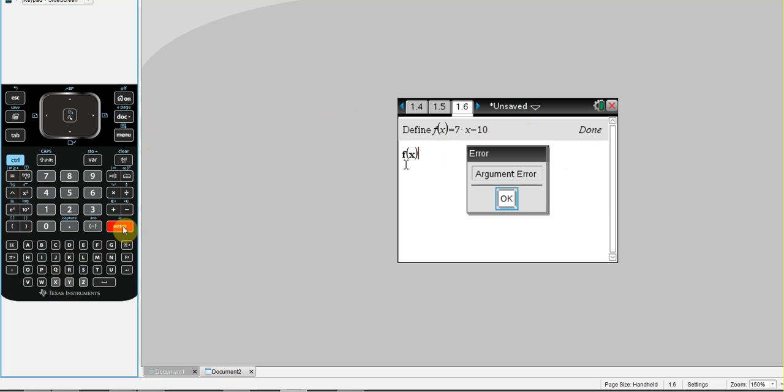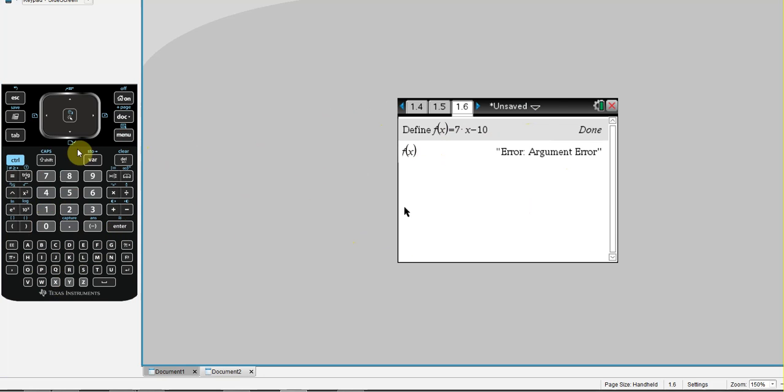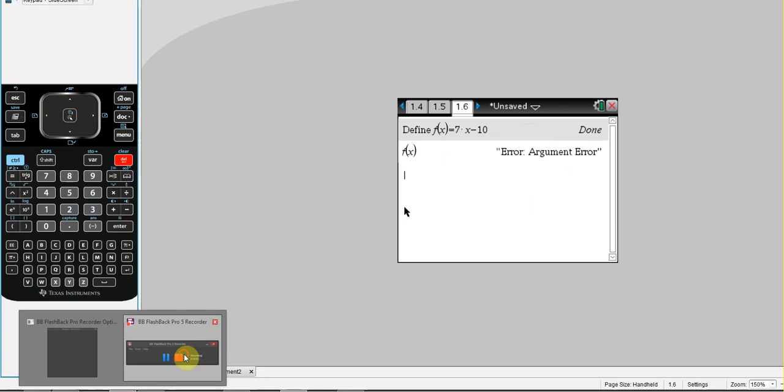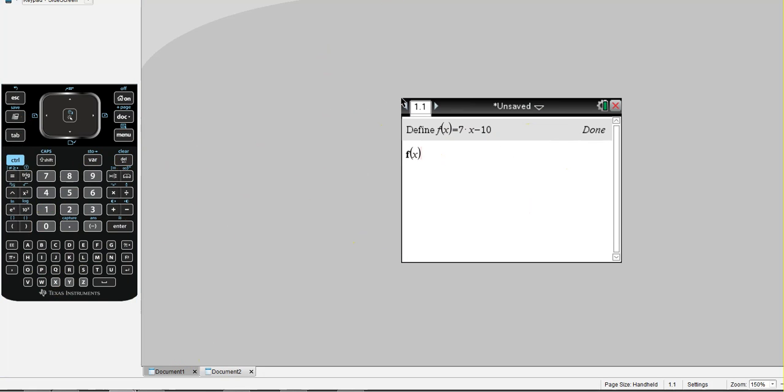And whenever we want to remember it, we can just write f of x and press enter. Here we go. So we type in our function of x, and there we go.